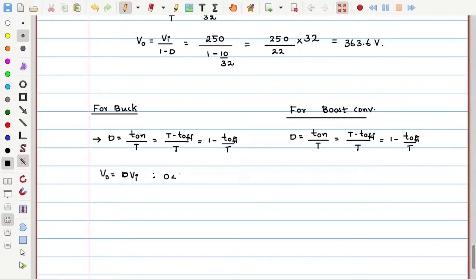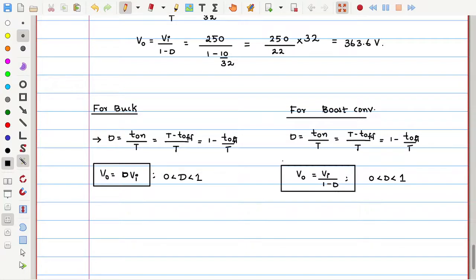So 0 is less than duty ratio capital D, which is less than 1. Whereas here V naught is equal to Vi divided by 1 minus D. And here also the duty ratio will remain the same, 0 is less than D is less than 1. So remember these are two important output voltage relationships for these buck and boost converters.